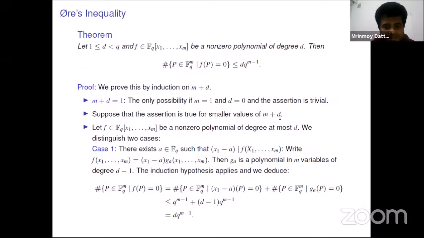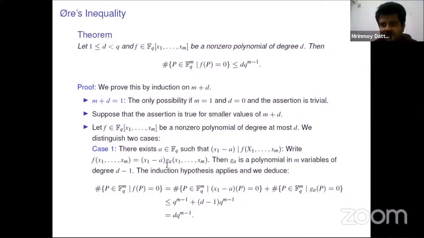So the induction hypothesis applies, and we could do the following. How do we compute the number of zeros? A point is a zero of this polynomial f if it is either a zero of x1 minus a or a zero of Ga of x1, x2, ..., xn. So we just add the number of zeros of these two polynomials, x1 minus a and Ga. Okay, so x1 minus a, how many zeros does this polynomial have?